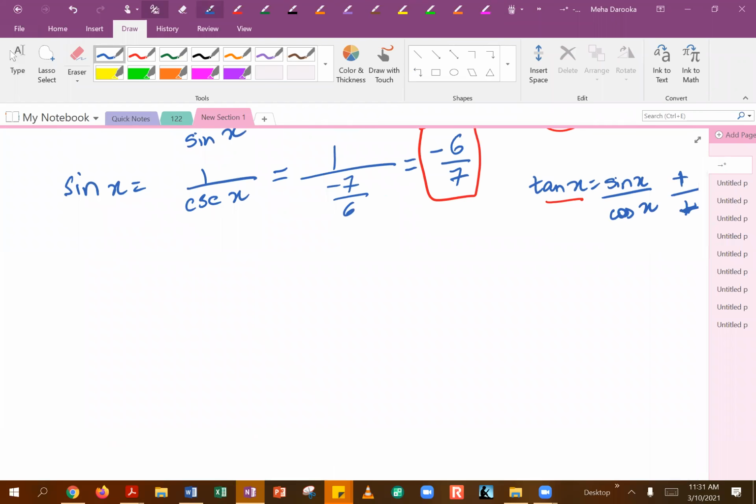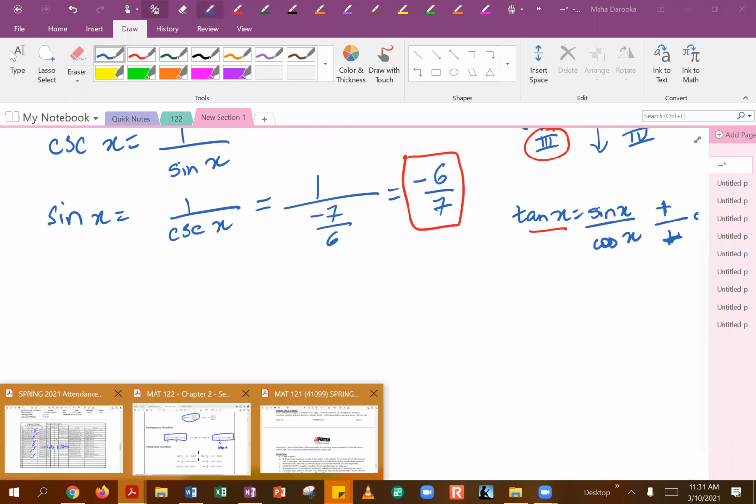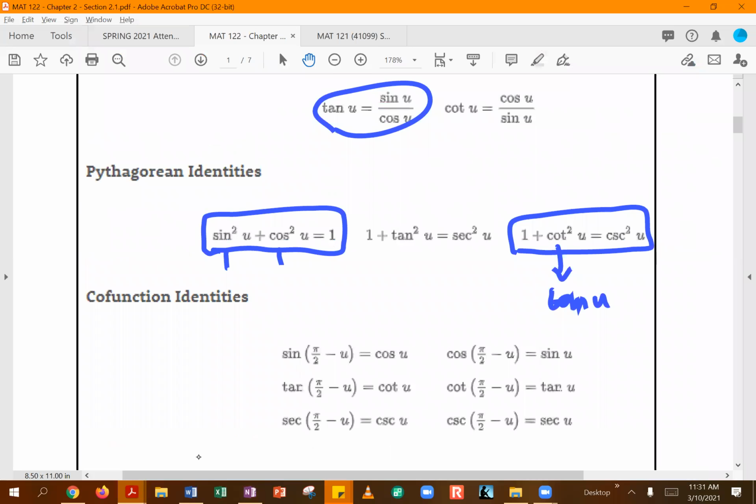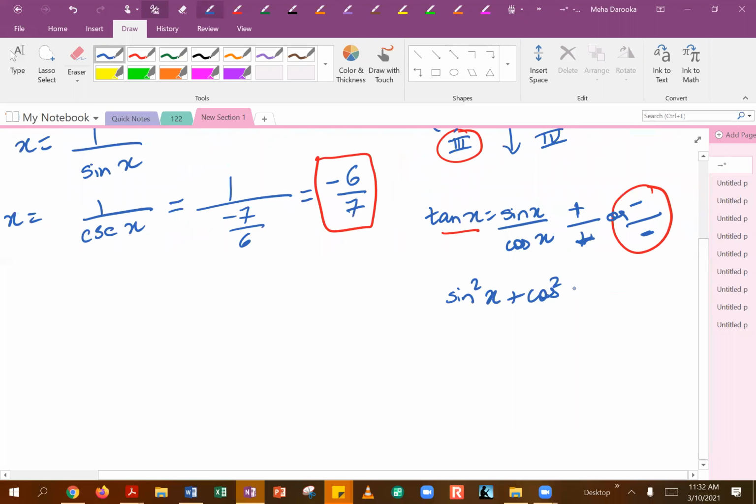So since we are using the identity sine squared plus cosine squared equals 1, this Pythagorean identity over here, what we are trying to do here is rearrange this formula a little bit, because we're trying to solve for the cosine function.